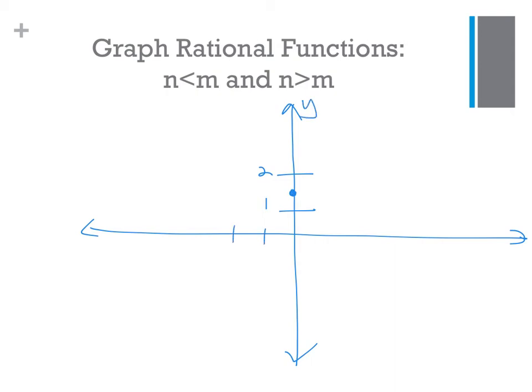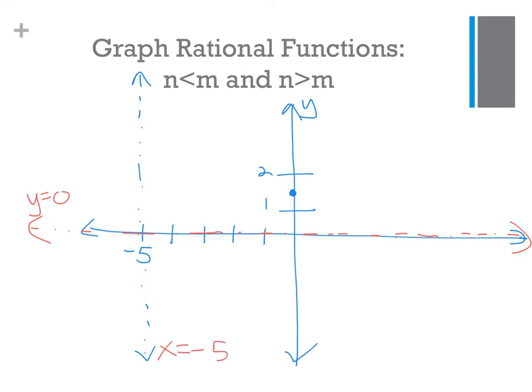At negative 5, I have a vertical asymptote. And we know that our horizontal asymptote is at the x-axis where y equals 0. So I'm just going to put this dotted line over the top of the x-axis as a guideline for my horizontal asymptote.